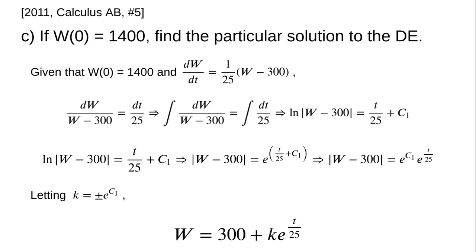It's pretty easy to conclude which one we need, but if we're just simplifying, oftentimes we're going to let k equal either the positive version of e to the C1 or the negative version of e to the C1. And since we haven't really determined yet which one it is, we don't really need to at this step either. So we can rewrite this as W equals 300 plus k e to the t over 25.